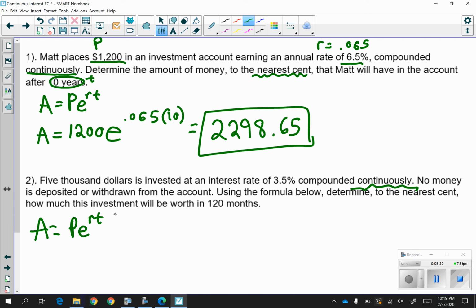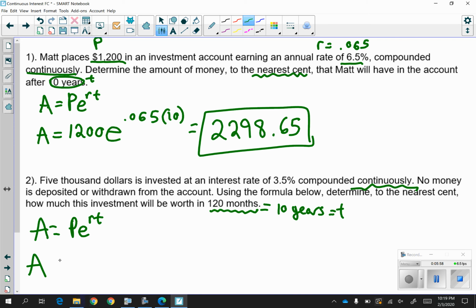Using the formula, determine to the nearest cent how much the investment will be worth in 120 months. Now this is important because they're giving you months. And 120 months can't be your value of t because t is in years. So 120 months is equal to 10 years, and that's going to be our value of t.